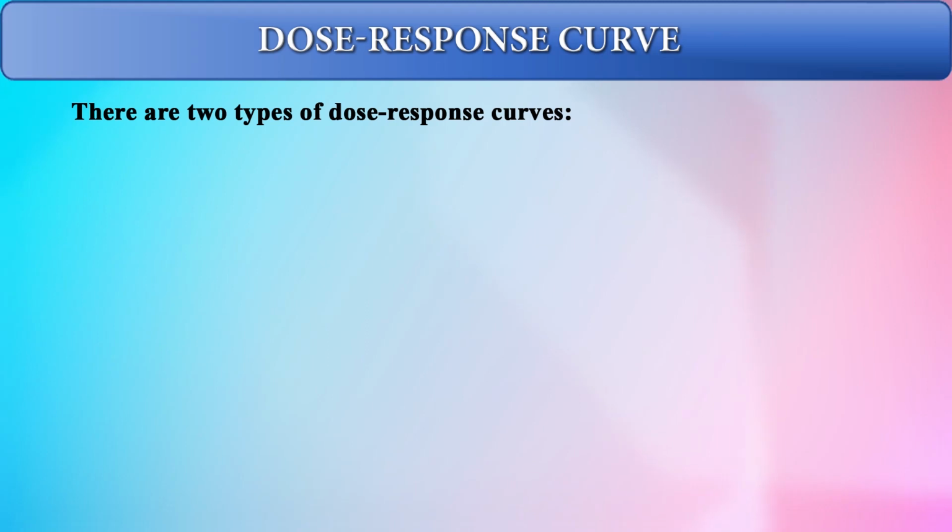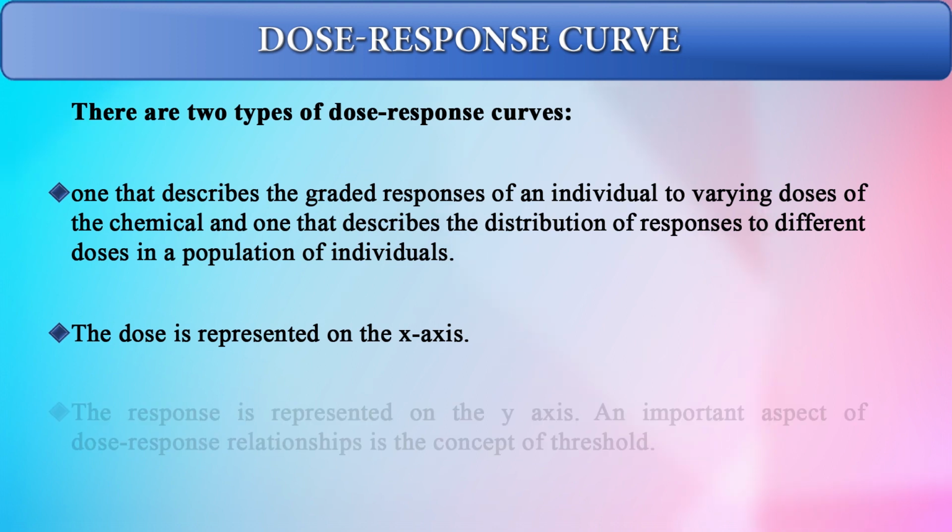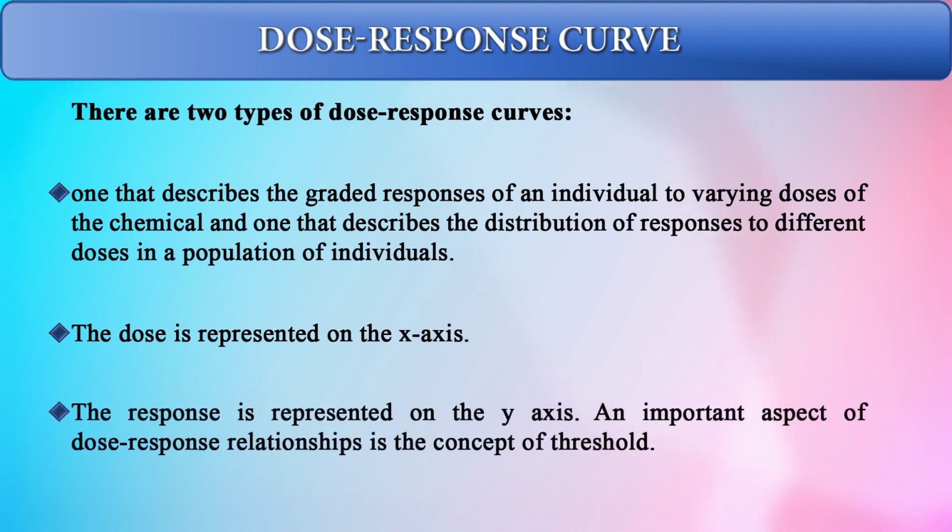There are two types of dose response curve. One describes the graded response of an individual to varying doses of the chemical, and the other describes the distribution of responses to different doses in a population of individuals. The dose is represented on the x-axis and the response is represented on the y-axis.